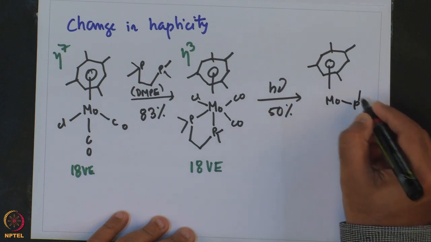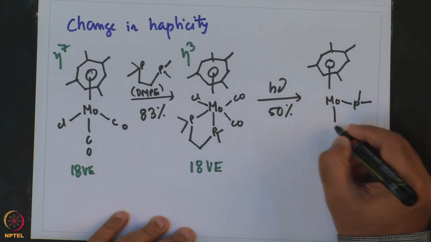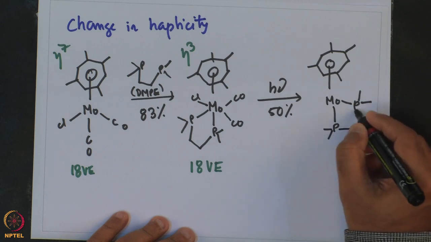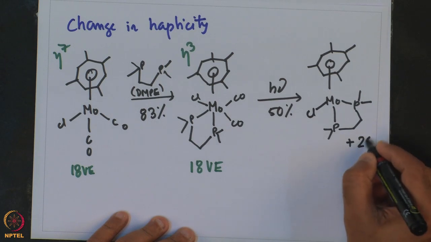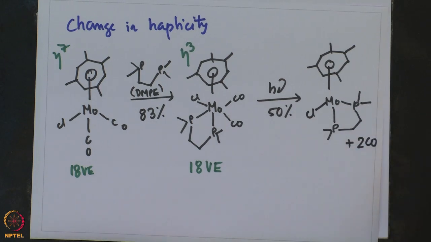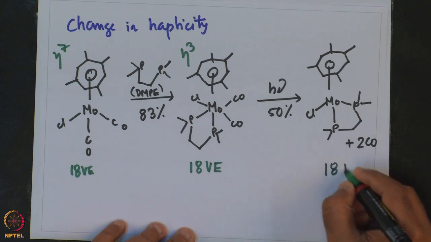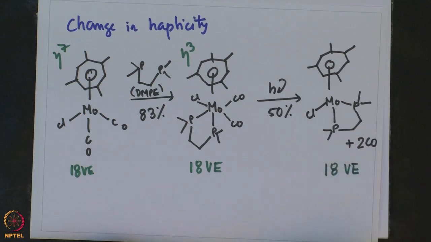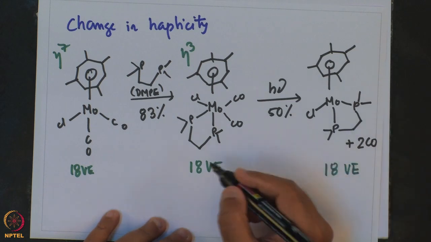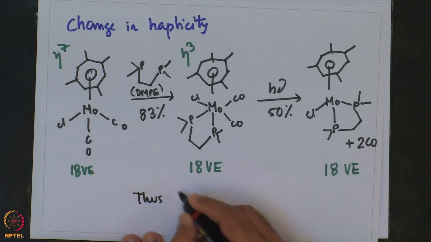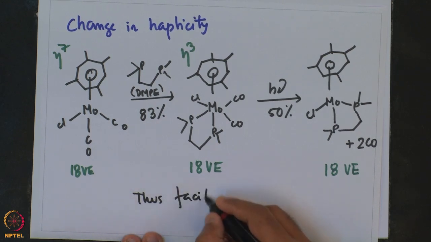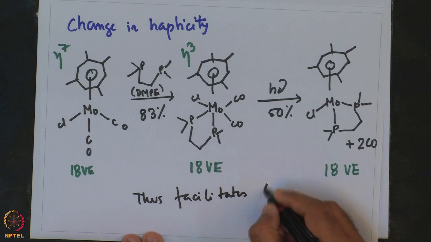molybdenum phosphine chloride plus 2 CO, and that also is an 18 valence electron compound, and this reaction facilitates CO substitution.